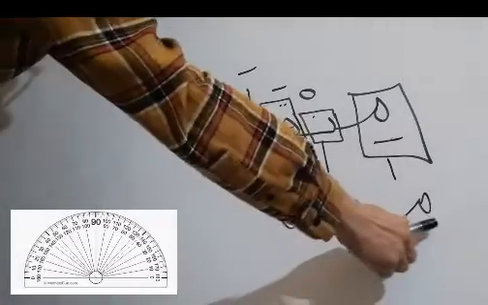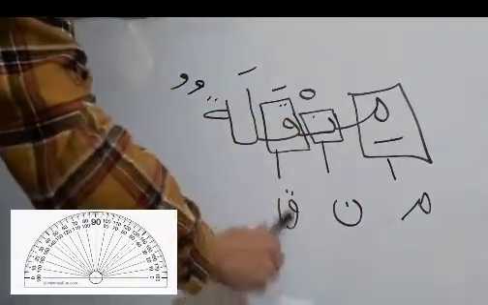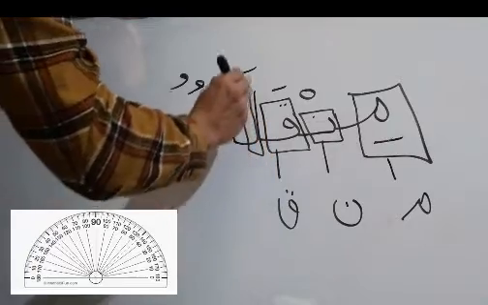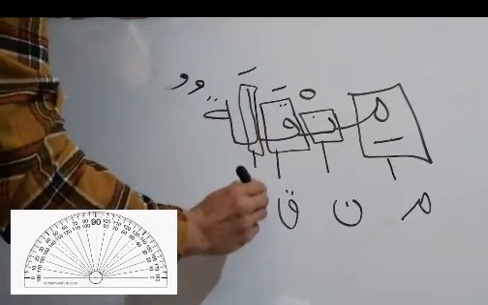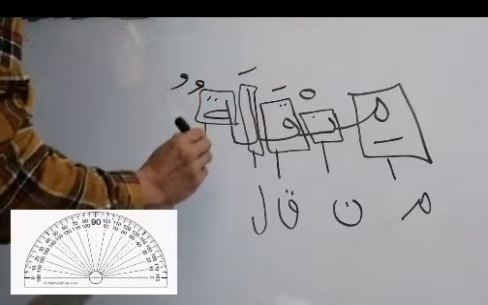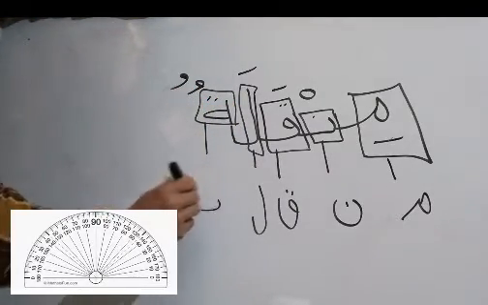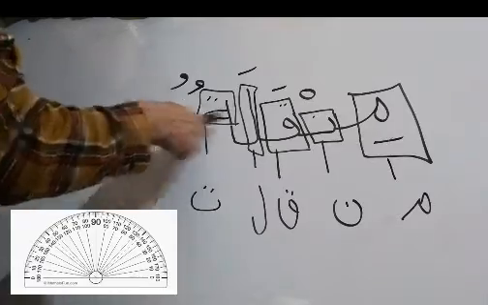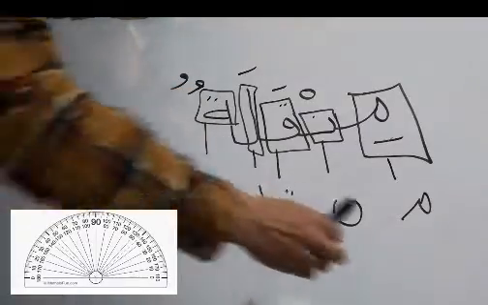This is لام. And at the end is ta. This is ta, but closed. It's closed in this way.